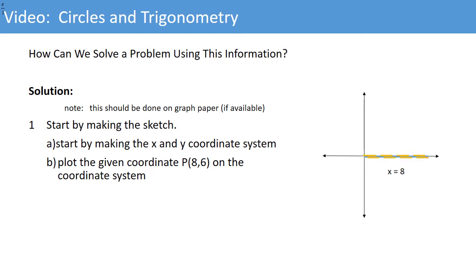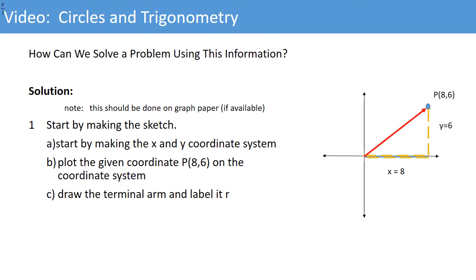X is 8, Y is 6, and so we have point P at 8, 6. Now, draw the terminal arm and label it R. Add the reference angle.